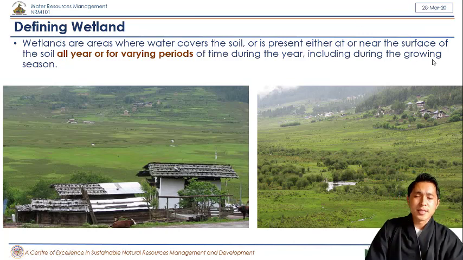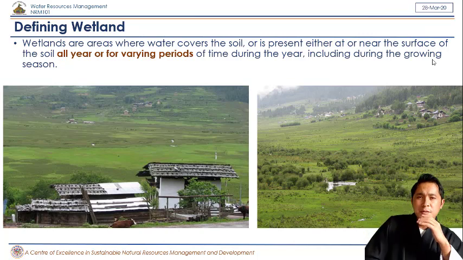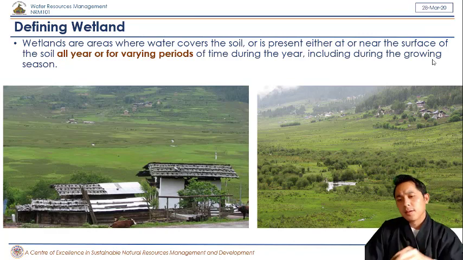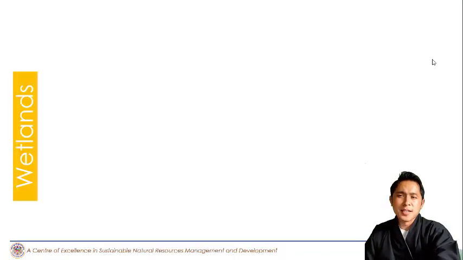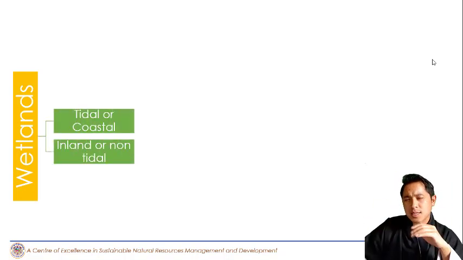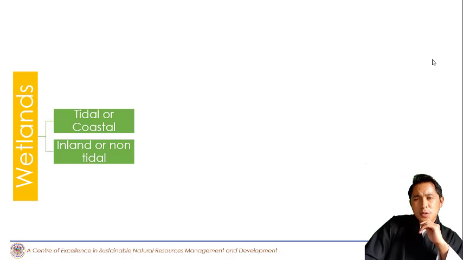So a transition area is one definition of wetland, and another way to define wetland is to look at the waterlogged soil, which we can find throughout the year or for varying periods of the year. That's the definition of wetland, and we have two broad categories of wetland. One is called tidal wetland or coastal wetland.